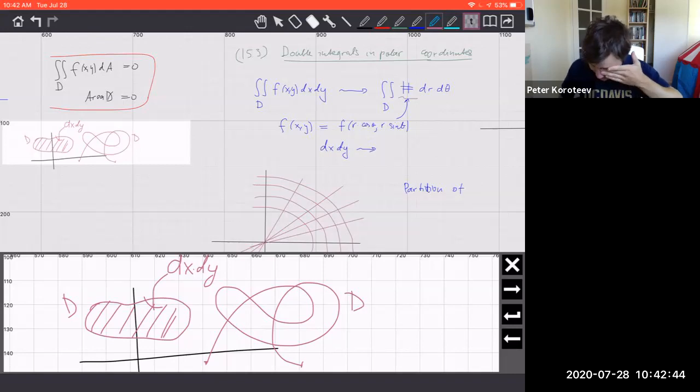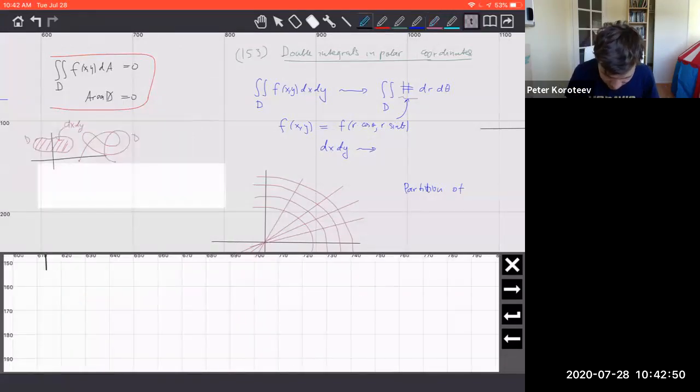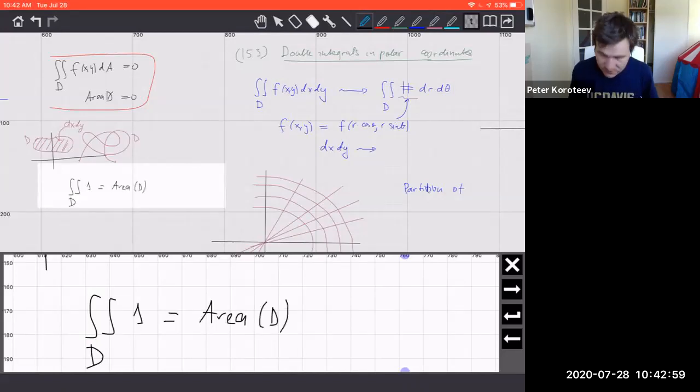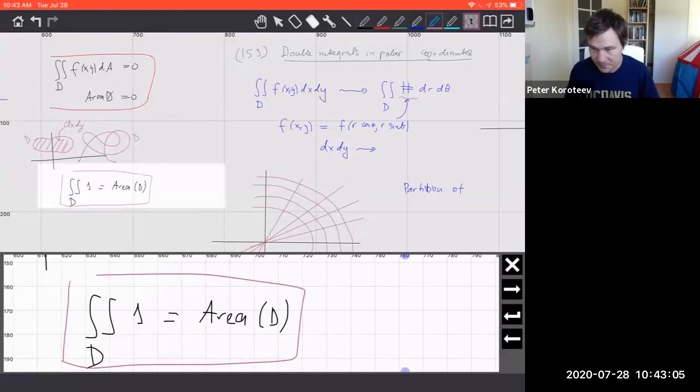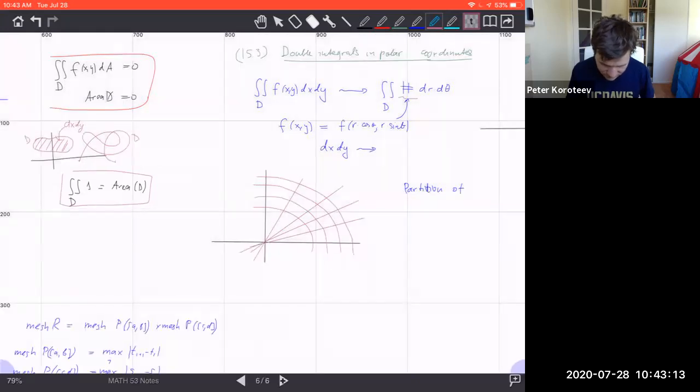I'm just saying this because some of you said circle; of course the integral will be zero. The reason why this is true is because, as we just talked about, the integral over D of 1 is equal to the area of D. And if the area is zero, then the integral is zero.